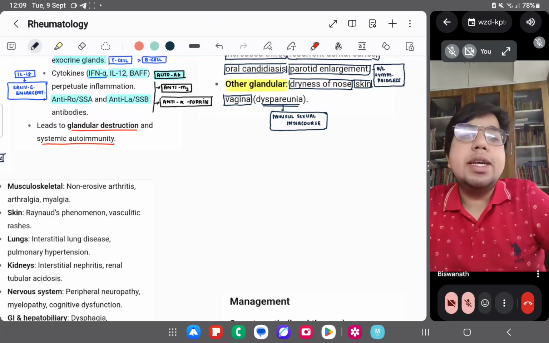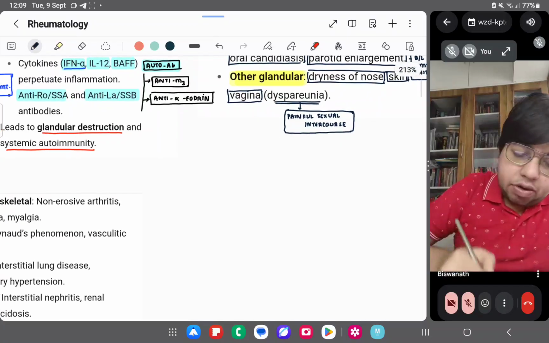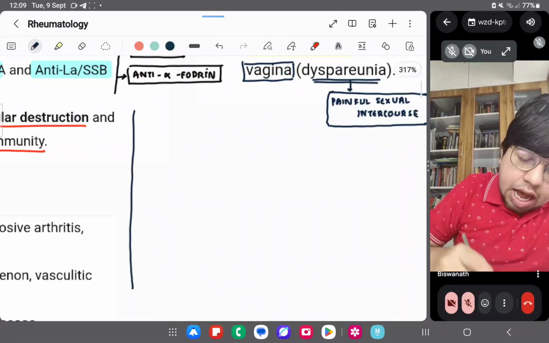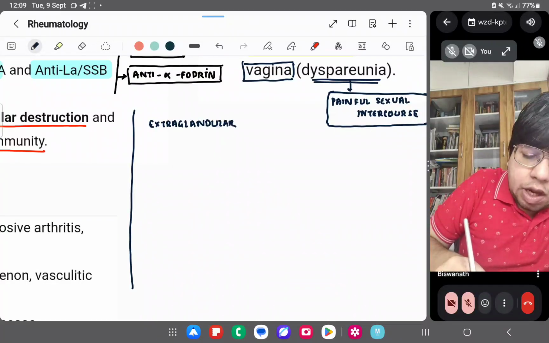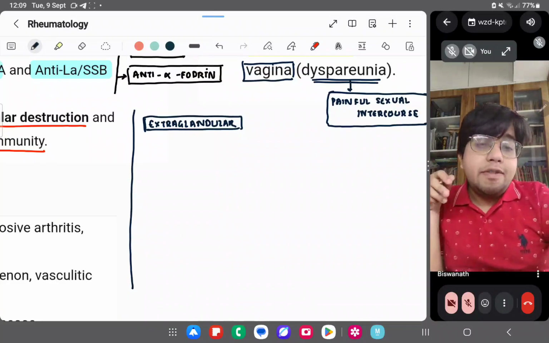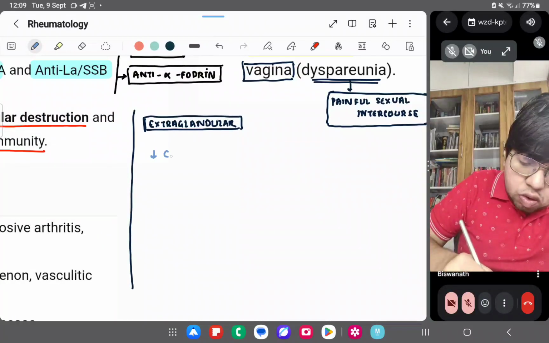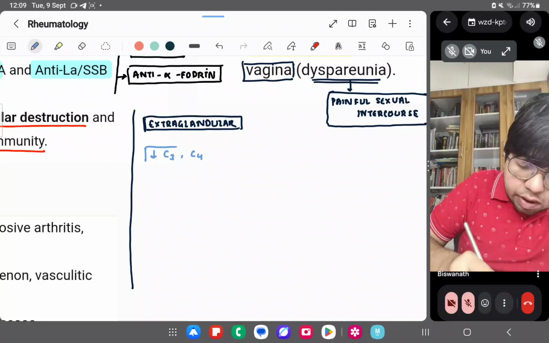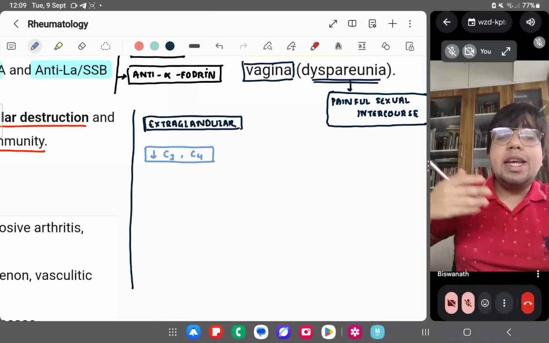Then another thing is how to suspect extraglandular Sjogren. You saw glandular Sjogren. How to suspect extraglandular Sjogren? Whenever you have low complements, low C3, C4, we have anti-Ro and La.